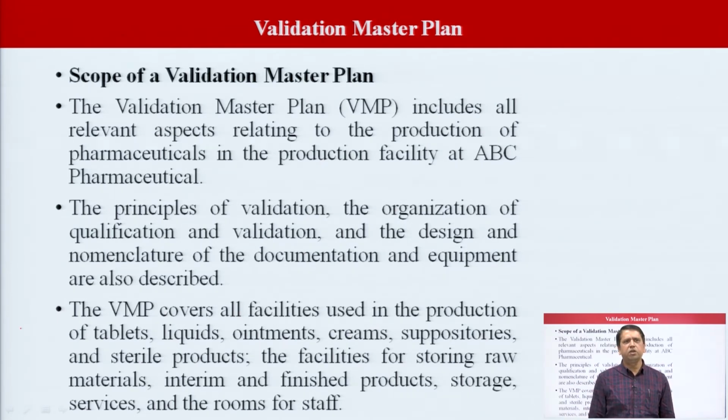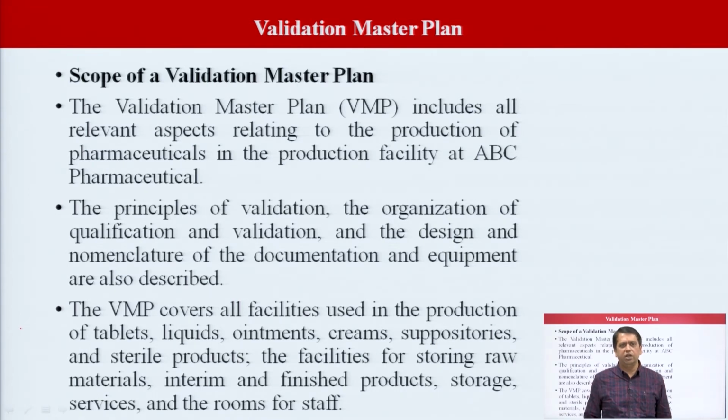The principles of validation, the organization of the qualification and validation, and the design and nomenclature of the documentation and equipment are also described. So, now you can easily understand, for performing proper documentation, we need to establish a proper nomenclature also.